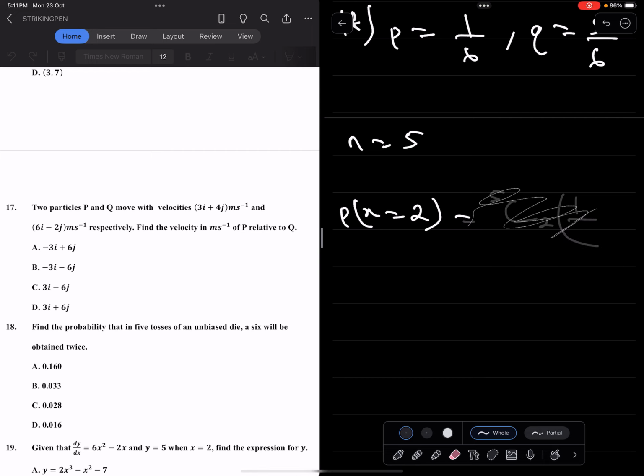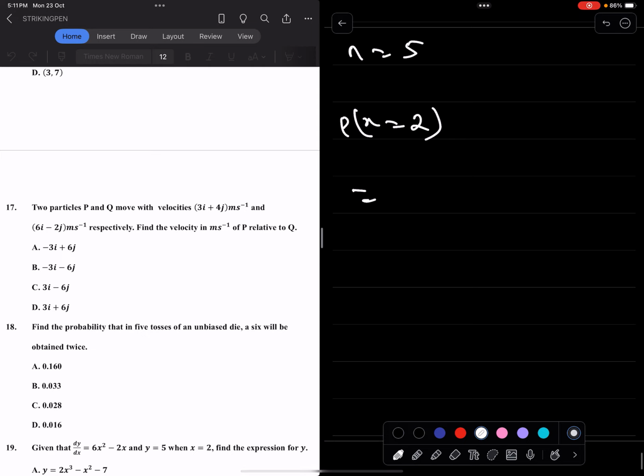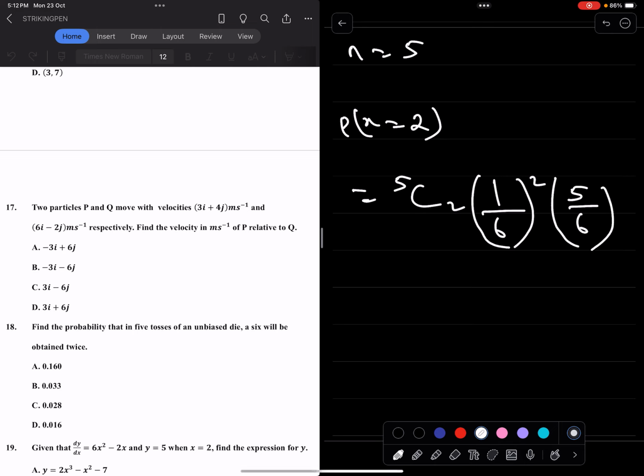Let me write it under it. I think that'll be clearer. That's equal to P of X equals 2 will be 5C2 p raised to power r, p is 1 over 6 raised to power r, which is 2, times q, which is 5 over 6 raised to power 3. The power of q is always n minus r.